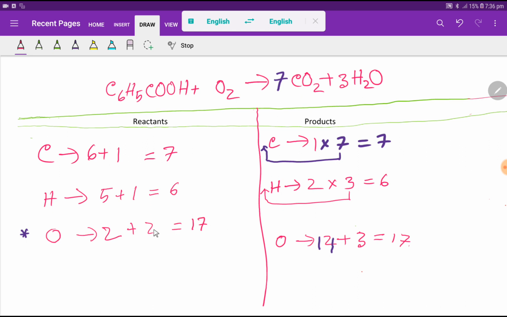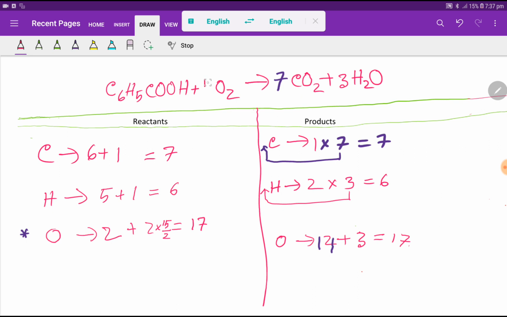Look, if I multiply here by 15 over 2, then what will happen? These two vanish each other and we'll get 2 plus 15, that is 17, right? So if I multiply here by 15 over 2, then we'll get 17. This 15 over 2 will come before this oxygen atom, that is here.